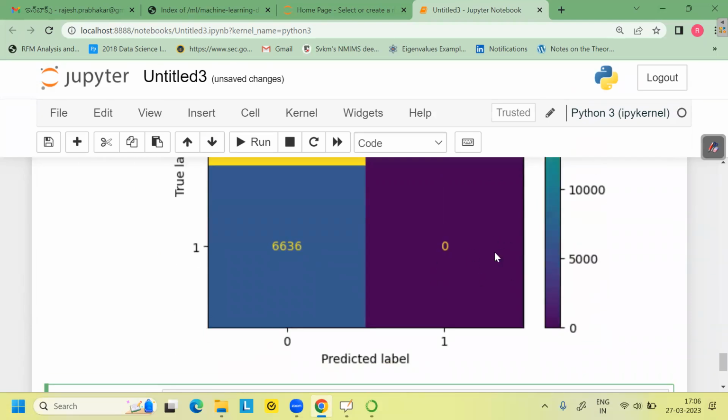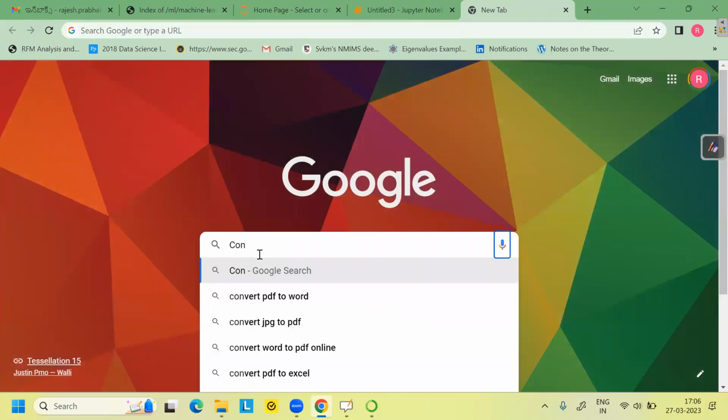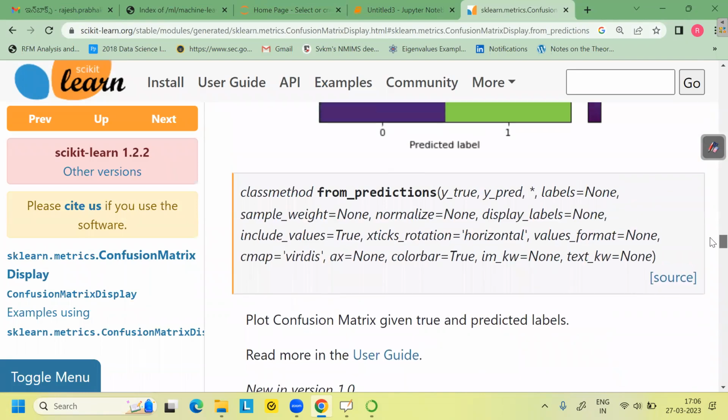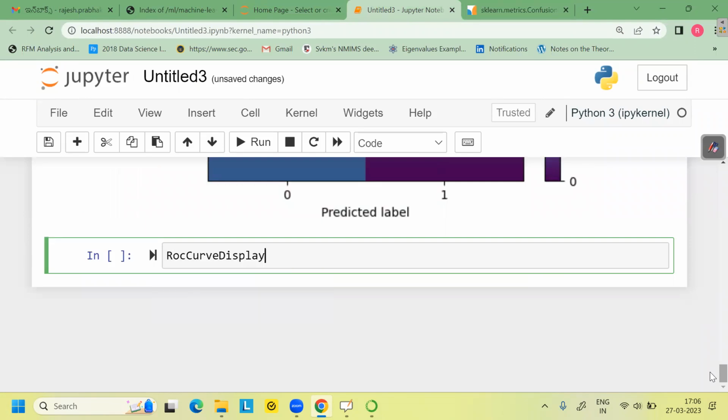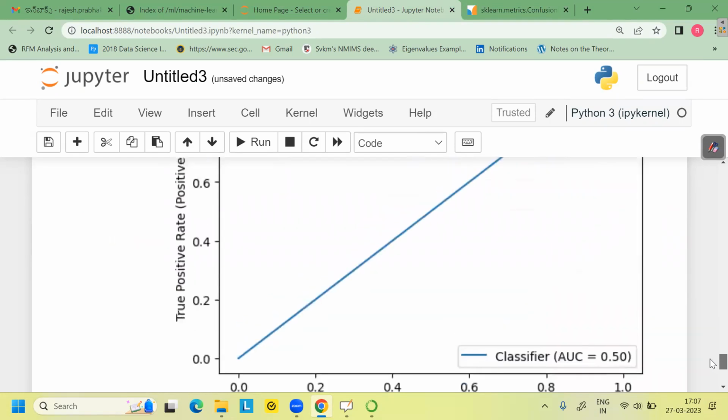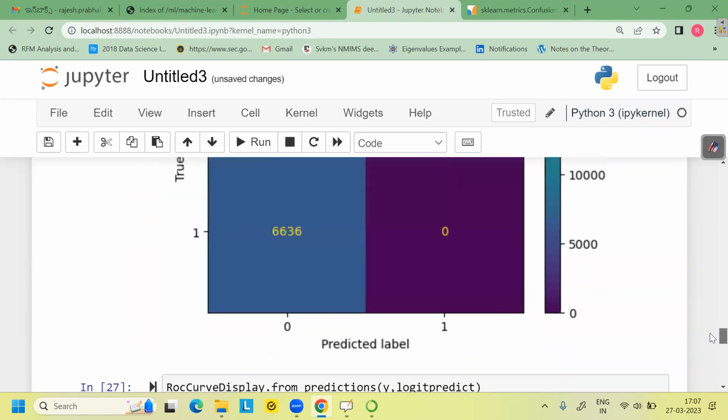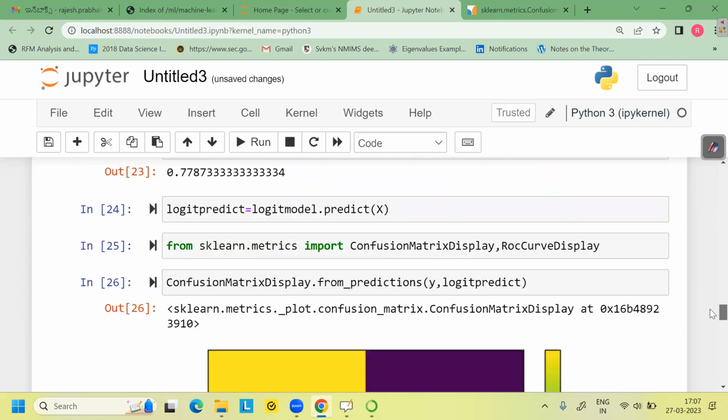See, for class 1 it is predicting 0. From_predictions takes Y true, then Y pred, which is logit predict. RocCurveDisplay.from_predictions Y comma logit predict. AUC is 50%, very bad prediction, right? The prediction is not good at all.